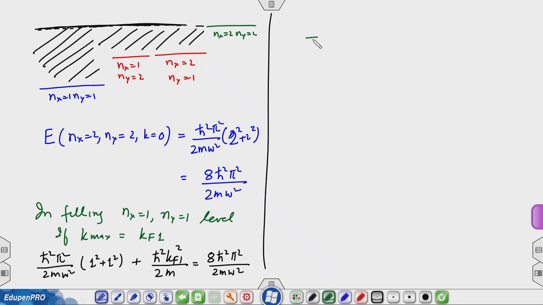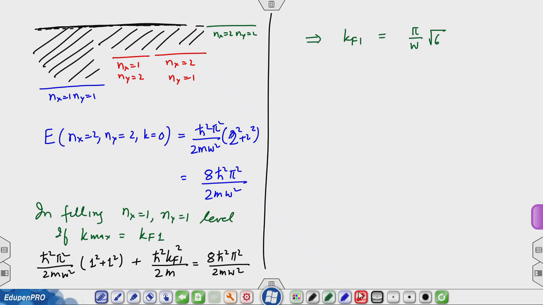And this immediately gives you k f 1 is equal to pi over w square root of 6.